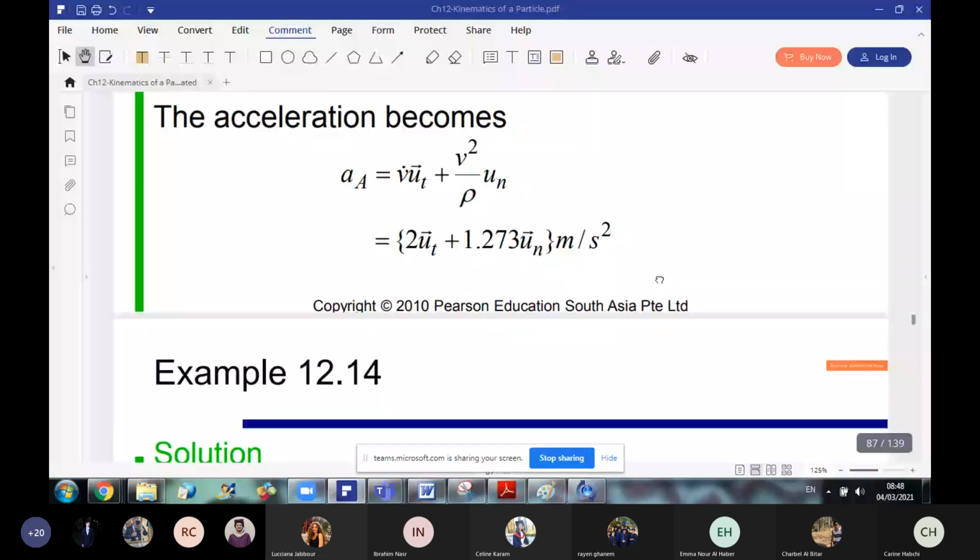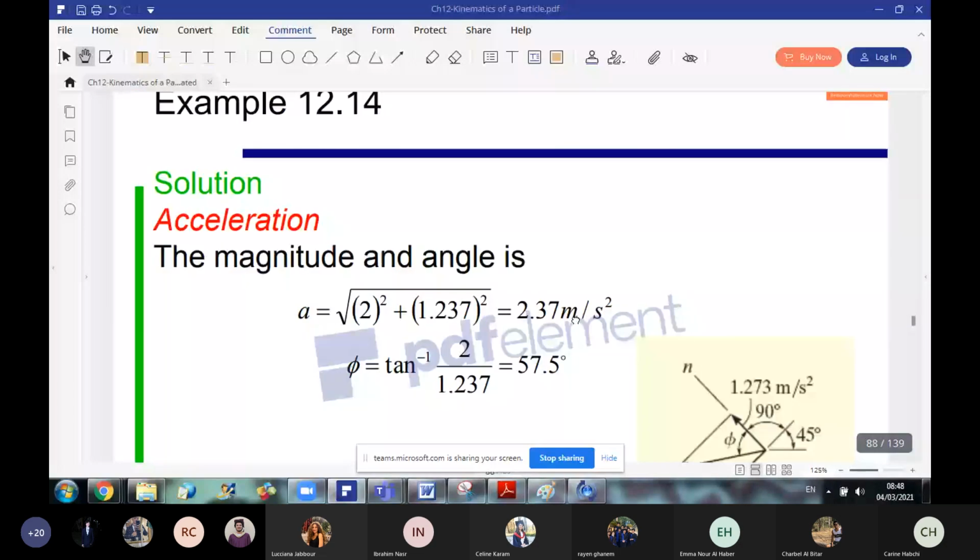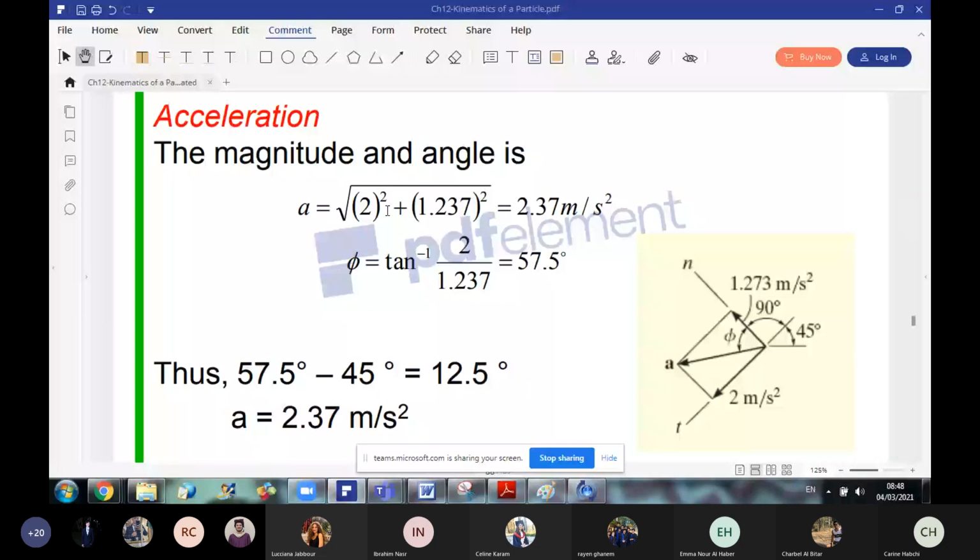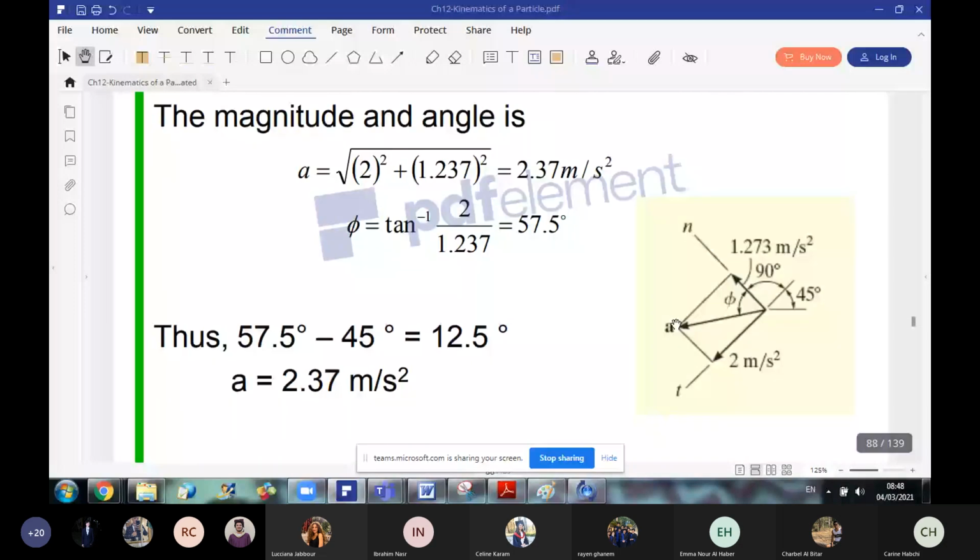And how to find the direction of my total acceleration. So let us see here a small representation of A. Okay. So as you can see, this is AT equal to 2. This is AN equal to 1.273. I can draw the resultant acceleration. Now, the resultant acceleration, to know its direction, I can first find its angle with either UT or UN.